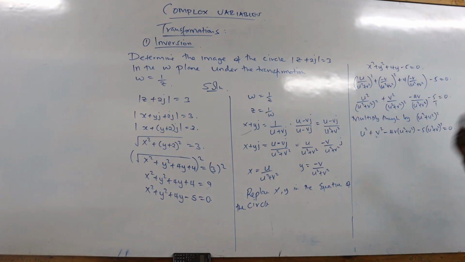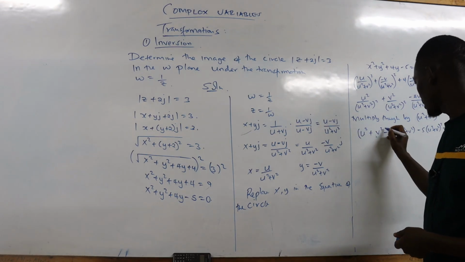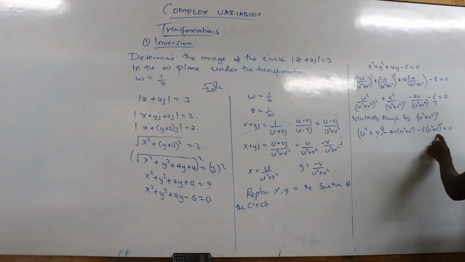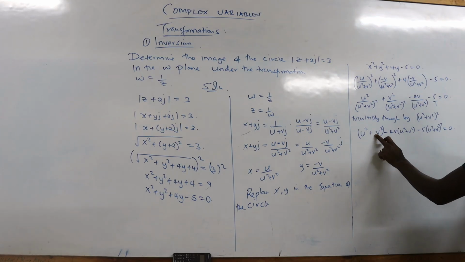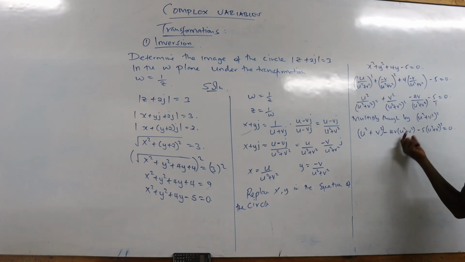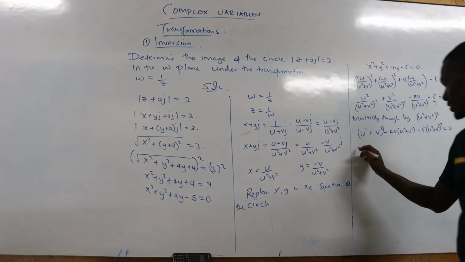But for 5, since you don't have u squared and v squared, when you multiply with it, you have that term. Now the essence of this is so that we can have a term such as this. You can see now all through. So taking u squared and v squared as one term, you realize that in each and every term we have a u squared plus v squared. Okay, so for every term we can now say divide.